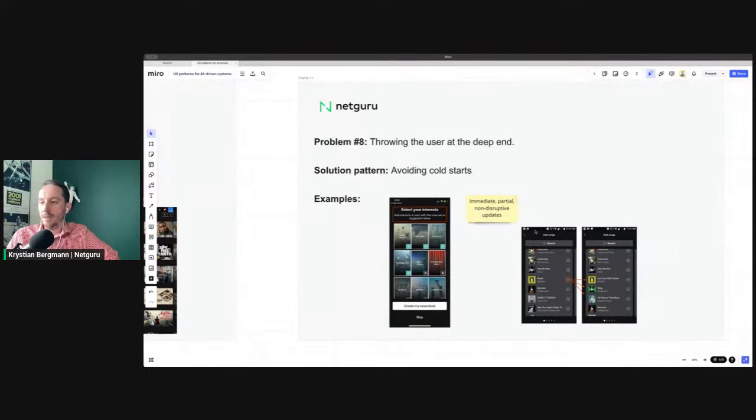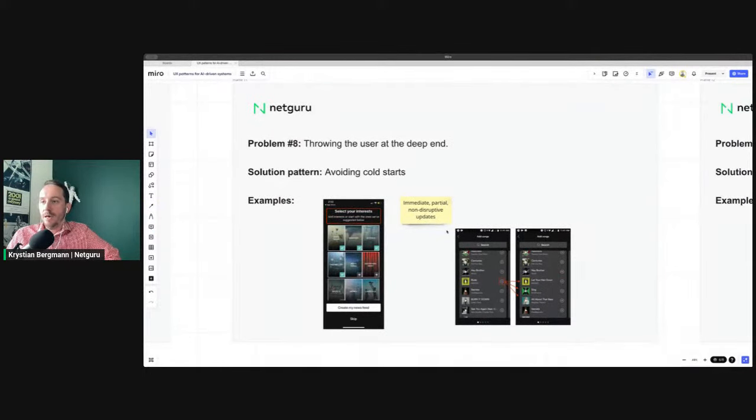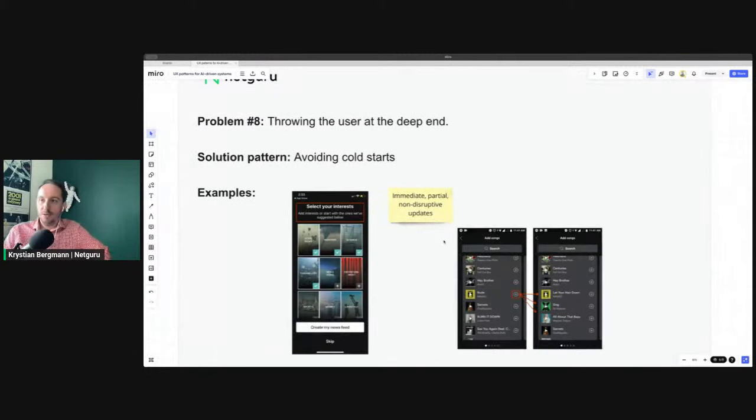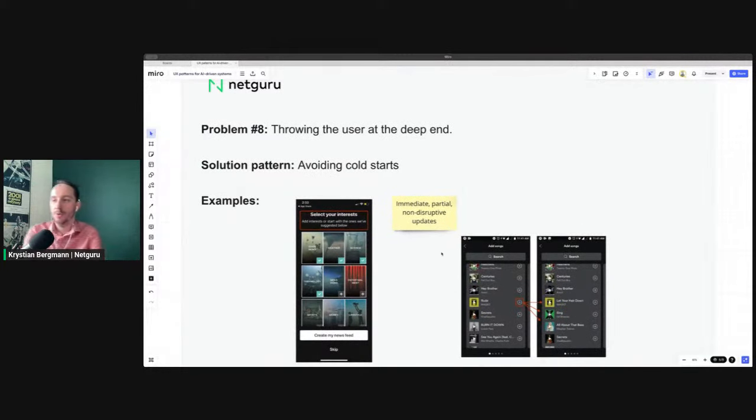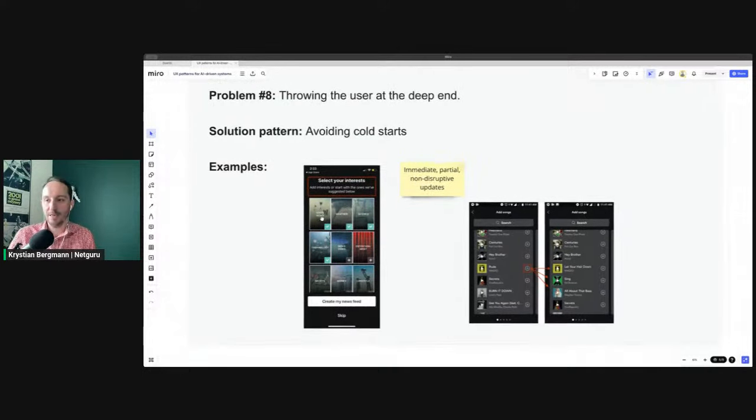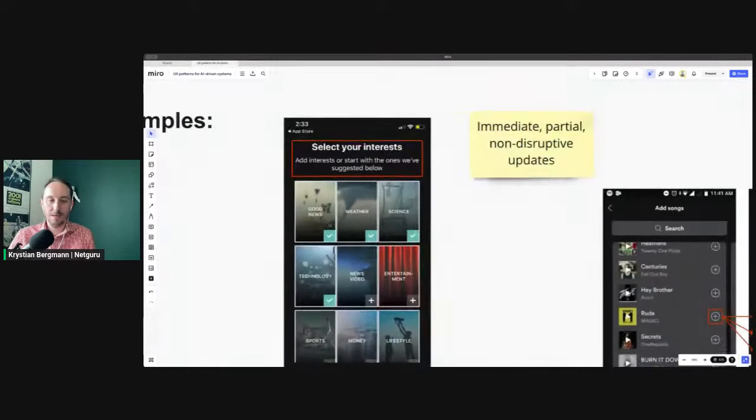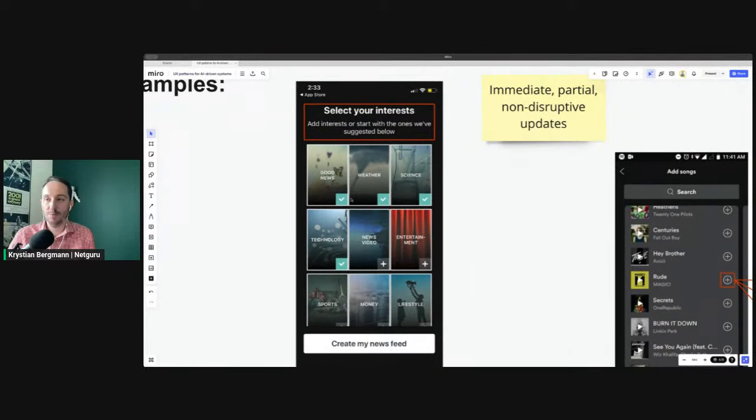The other thing is how not to throw the user in at the deep end. So how not to end up with too much complexity at the very start. So first of all, if you have an advanced recommendation system, the good thing is to create some kind of wizard, right?